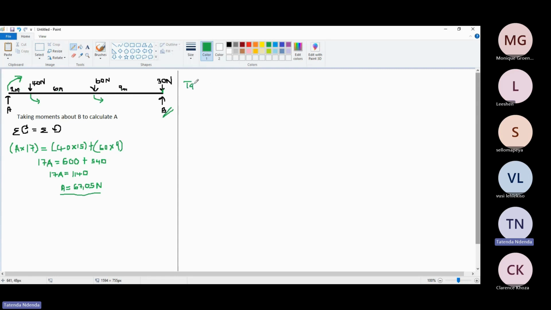Taking moments about A now, to calculate B, like this.